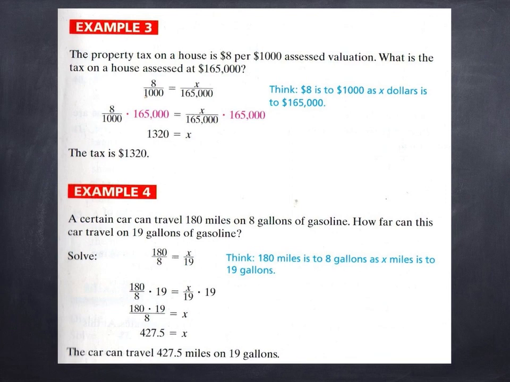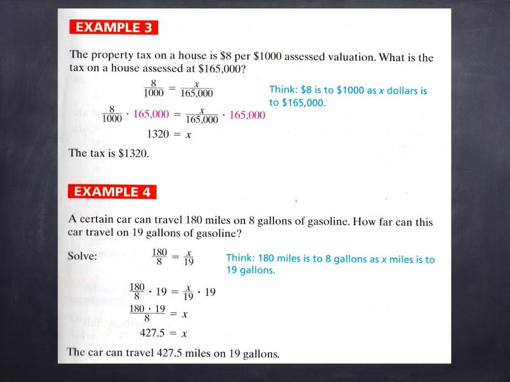Well, remember, you have 8 to 1,000. $8 per $1,000 assessed equals X, which is what we're looking for, over 165. I would cross multiply this and divide it out, but the way they did it is they multiplied both sides by 165, and X is $1,320. That would be your taxes for the year.